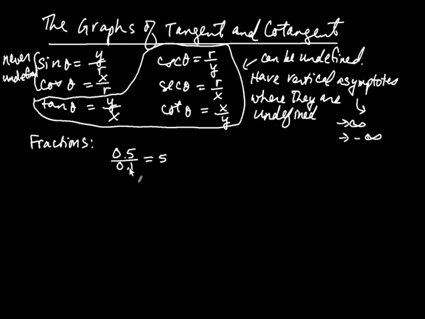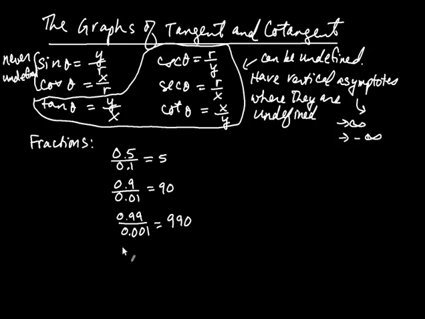You can move both decimals one place, and you get 5. Now, if you take 0.9 and divide that by 0.01, you move both decimal places twice to the right, and you get 90. Then if you take 0.99 and divide it by 0.001, you move three places, and you get 990.